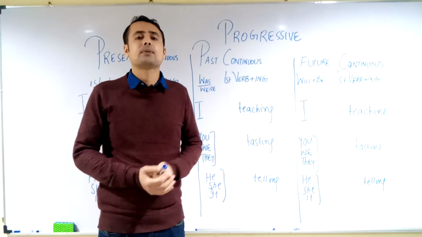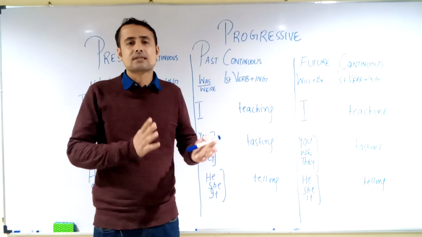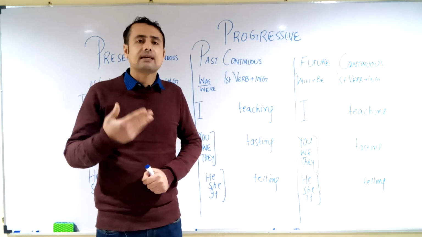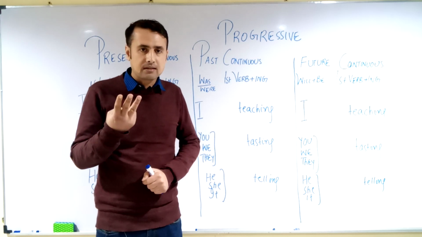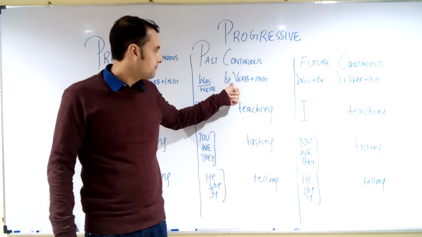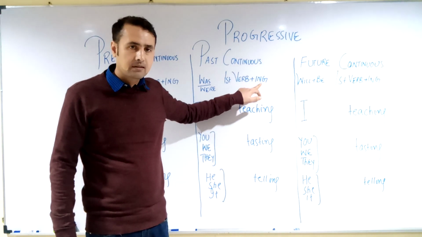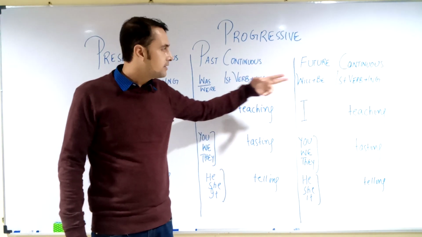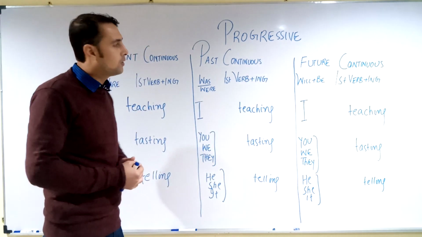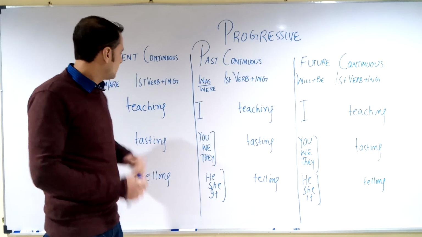What you need to keep in mind once we discuss continuous tense is which thing is common among the three. That is verb first form plus ing, which is common in all these three tenses. Then what is the difference between all continuous tenses?